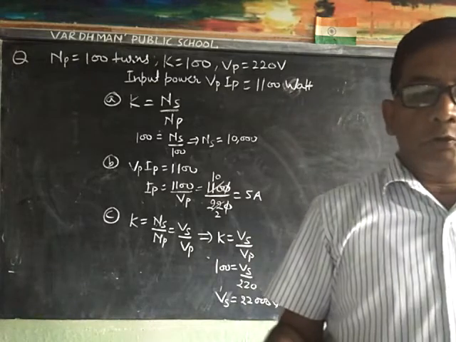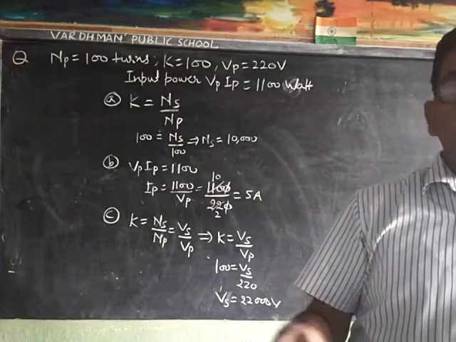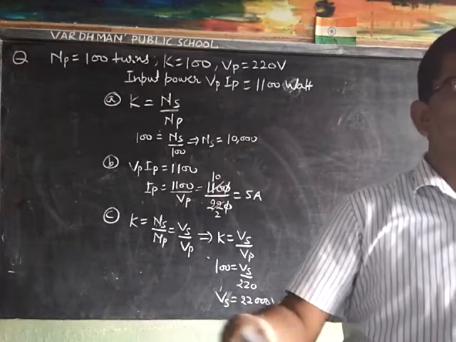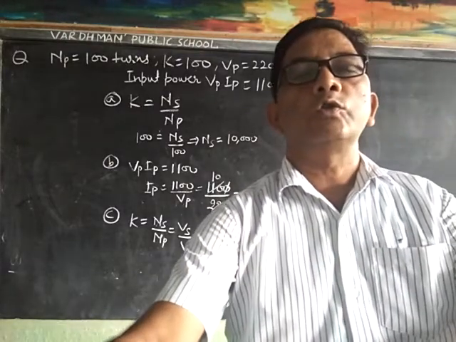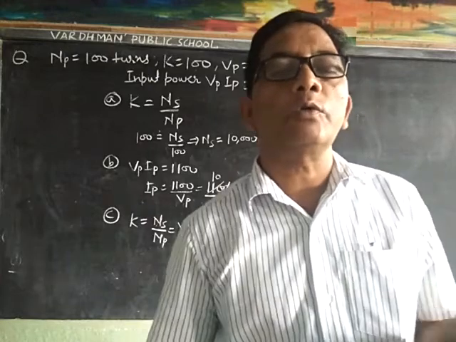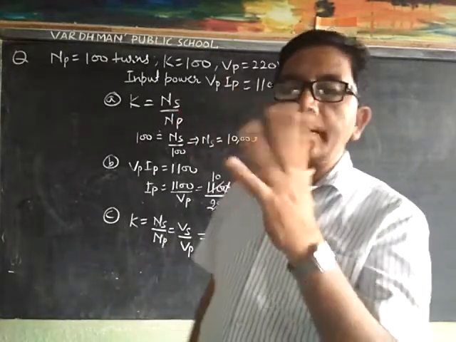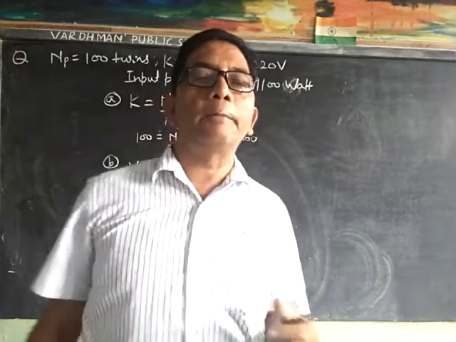Now you have to find the current in the secondary. We know Vs Is is equal to Vp Ip.